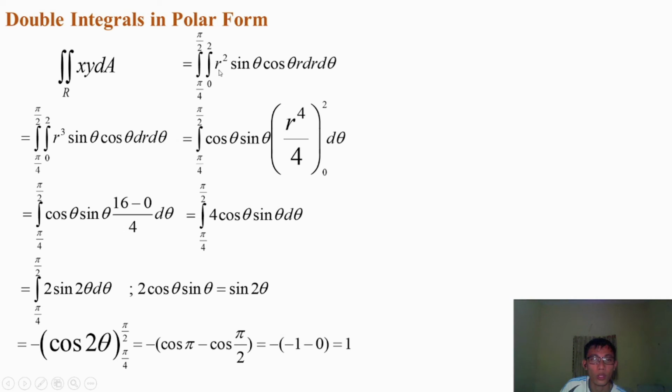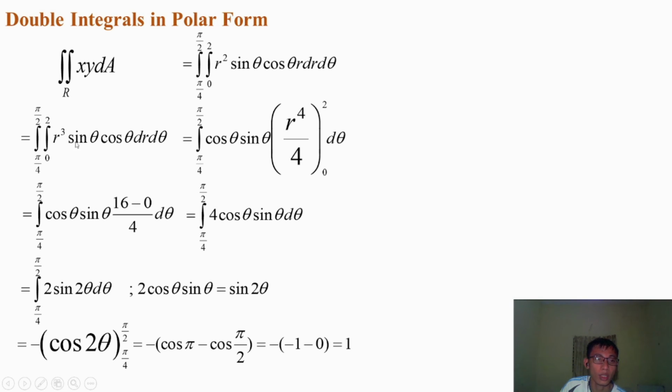So now we're going to evaluate this integral, which is the integral of r squared dr, going to be r cubed over 3. By simplifying this one, as you can see, r squared sine theta cosine theta times r d theta, then r squared times r is going to be r cubed, right?